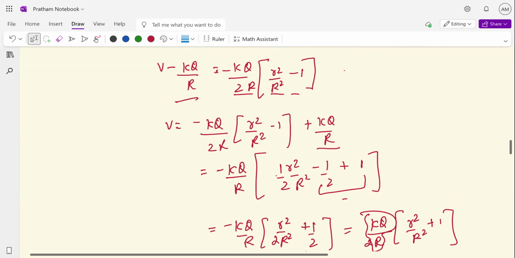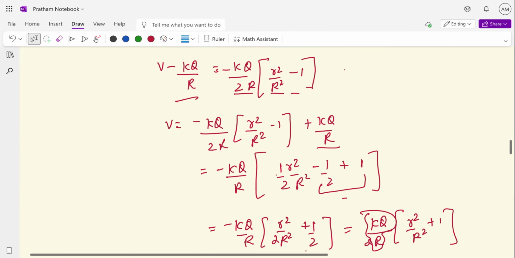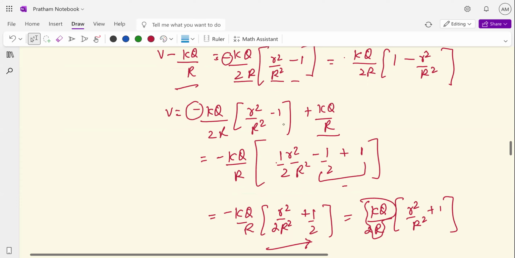Okay, fine. Look, where is it? Can you see this part? When I took this inside, what will I be getting? I'll be getting KQ 2R1. I think it is R square by R square. Is that clear? Now here, I had not included this part earlier. So if you see now, if I take this inside, this thing will become positive.